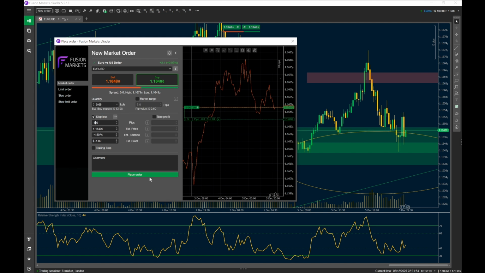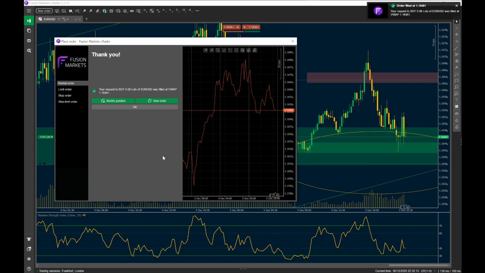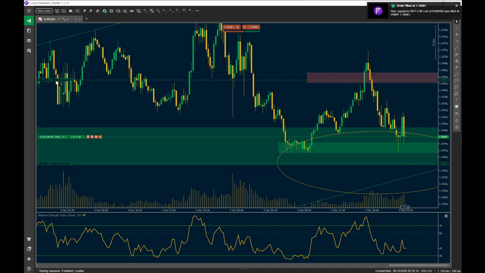Okay, 480 is enough. So you may lose $5. But if you win, let's do 17, we make $10. Maybe a risk to reward of 1:2. So let's place a buy. Okay, take profit here, stop loss here.